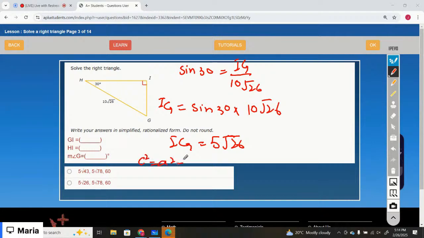That is c square equals a square plus b square. B square equals c square minus a square. 10 square root 26 square minus 5 square root 26 square. You need to calculate b now.